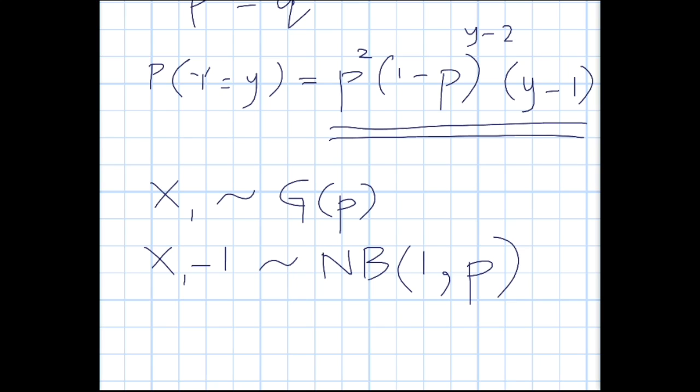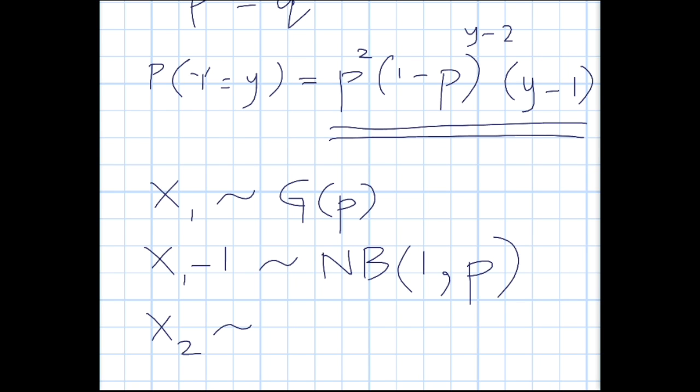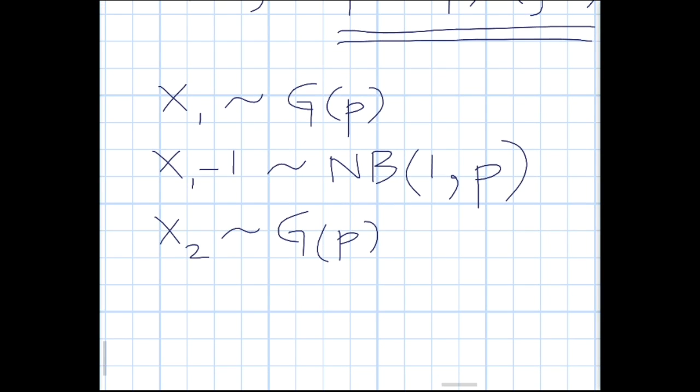We can say that because a geometric random variable defines the number of trials until the first success, and a negative binomial variable with parameter 1 defines the number of failures before the first success. So naturally the number of failures will be 1 less than the number of total trials for the first success. So similarly x2 minus 1 is also negative binomial for the same reason.